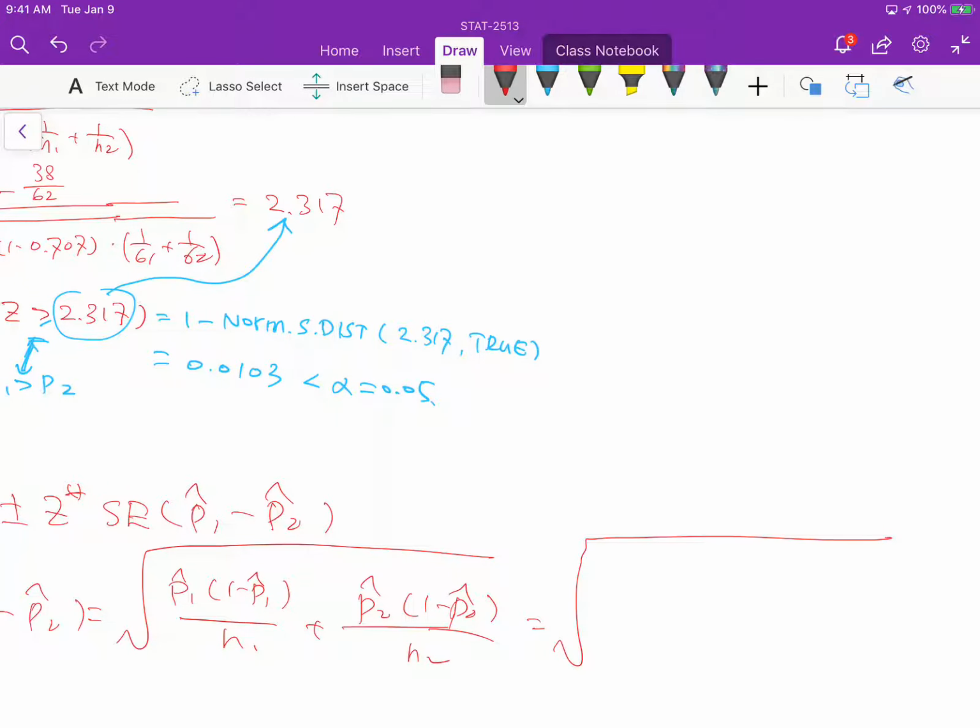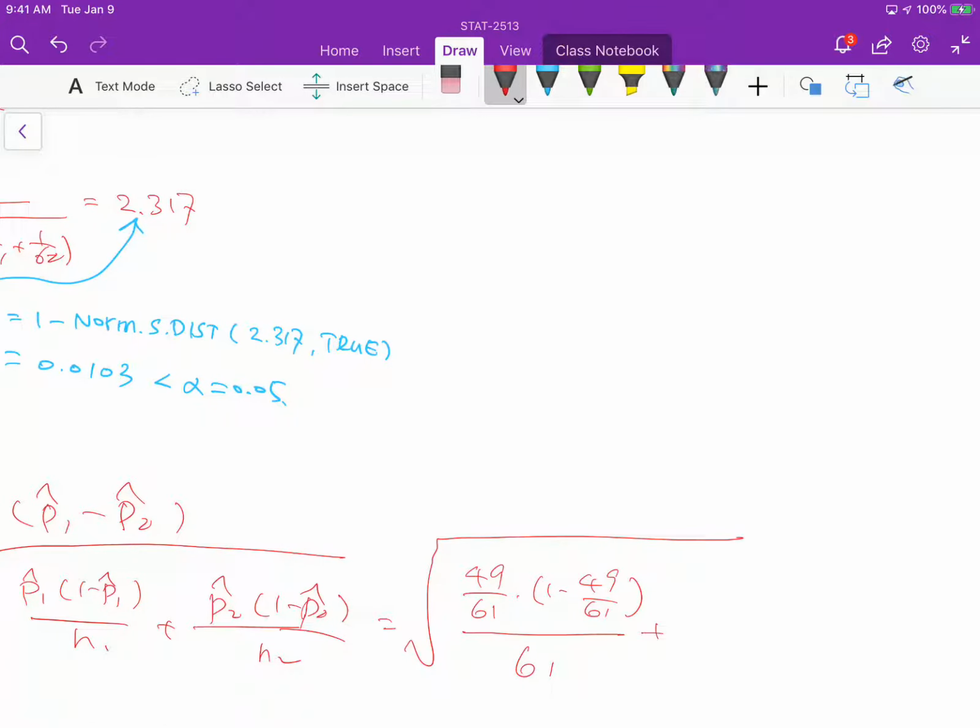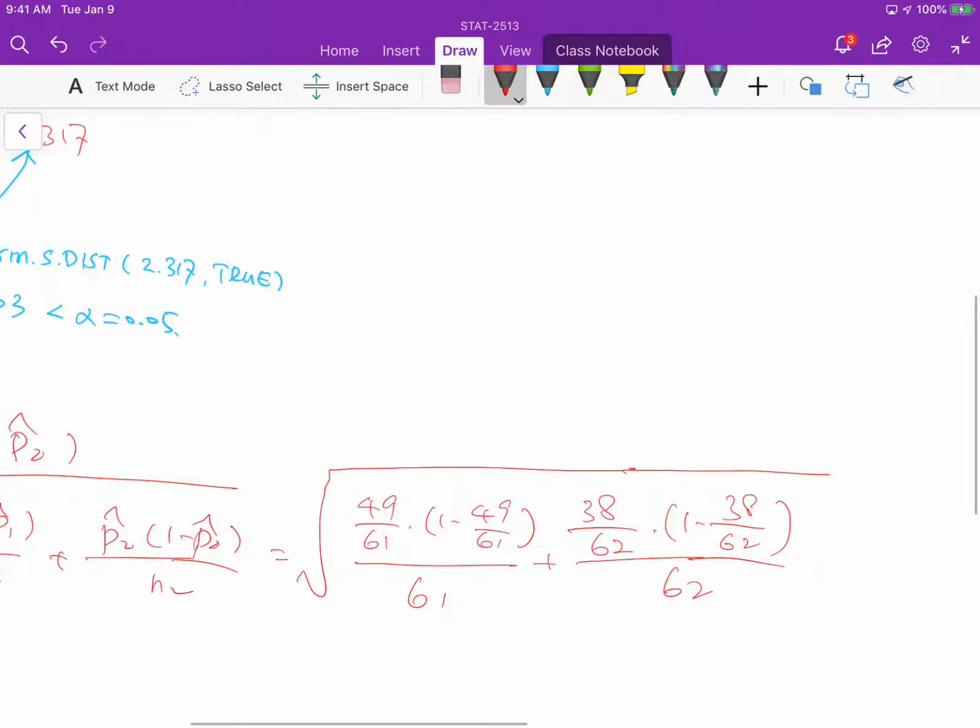This will be 49 over 61 times 1 minus 49 over 61, divided by 61, plus 38 over 62 times 1 minus 38 over 62, divided by 62.